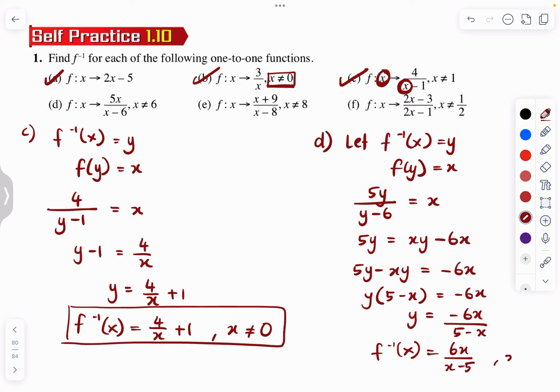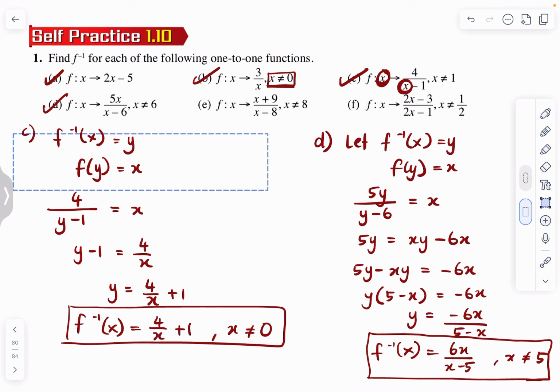Then don't forget, your denominator cannot be 0. So if x is 5, 5 minus 5 will become 0. So x cannot be 5. This is the condition. This is our answer. D done. Right, let's look at E.